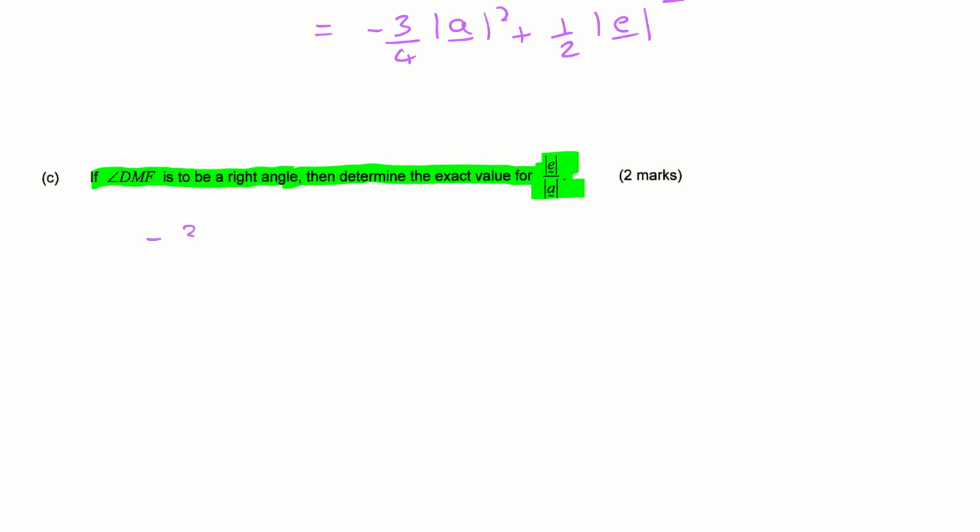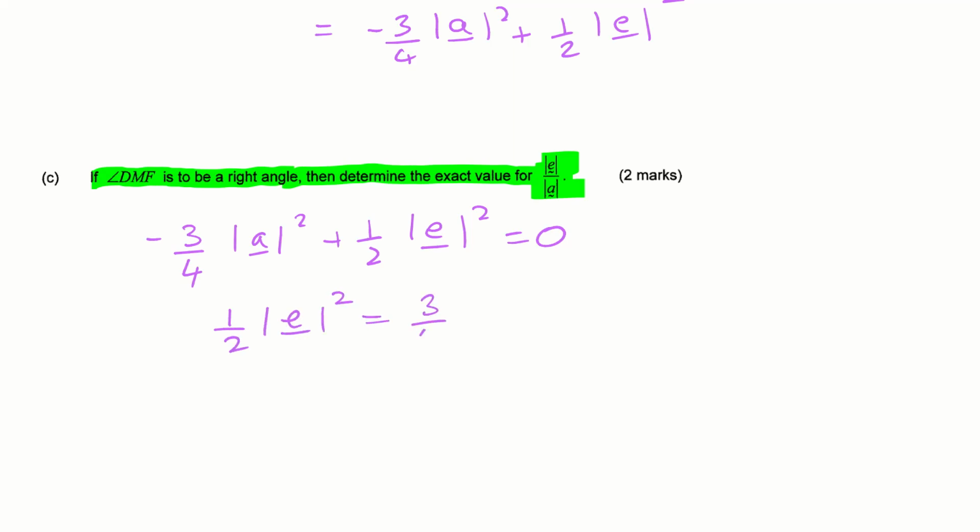So negative 3/4 mod A squared plus a half mod E squared is equal to 0. So we get a half mod E squared is 3/4 mod A squared. Mod E squared then would be 3 over 2 mod A squared.